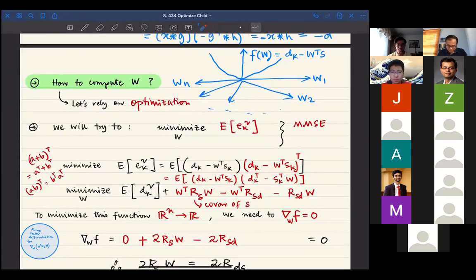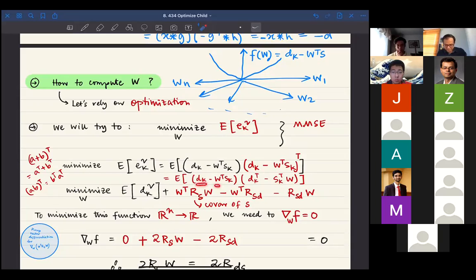This is DK transpose, which is DK square, expectation of that, plus WTSK, sorry, this is WTSK transpose.